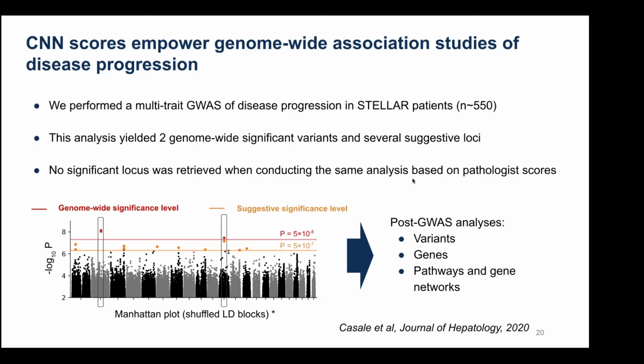Importantly, though, when doing the same analysis using the pathology scores, we couldn't find any significant association. So this really shows the benefits of using deep learning in this case to increase the resolution of phenotypes.